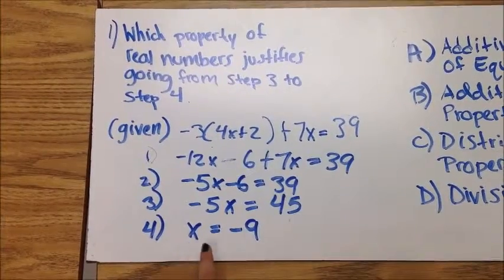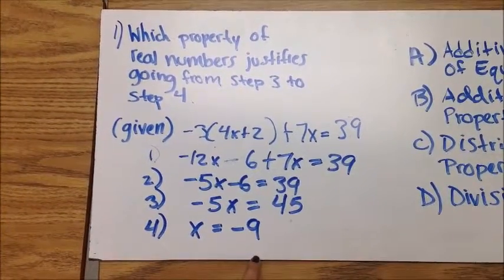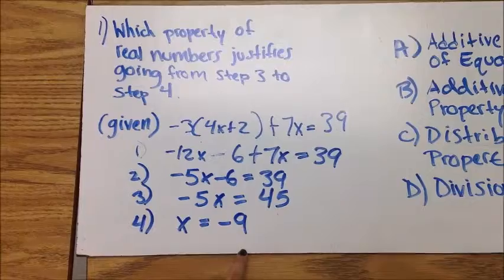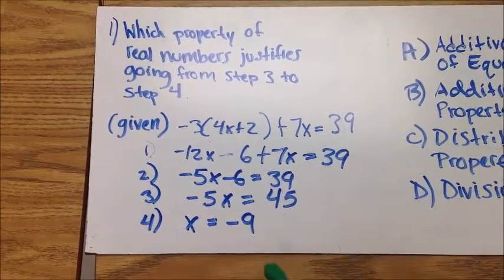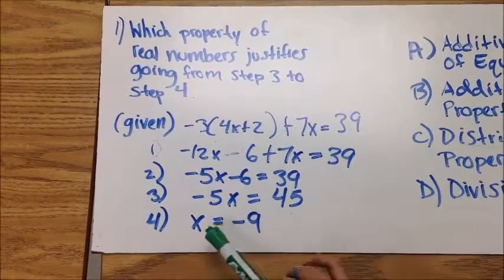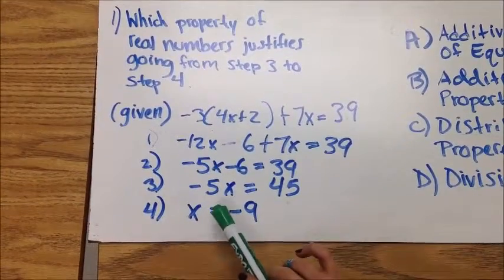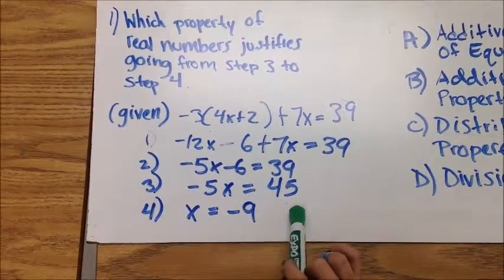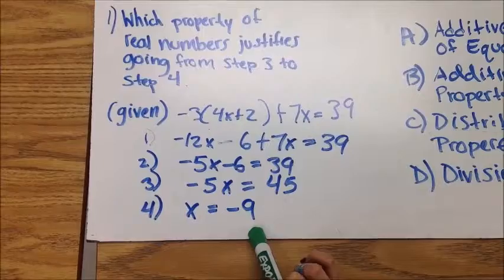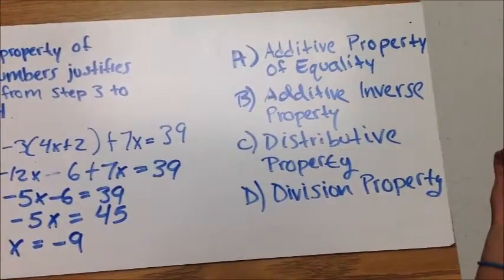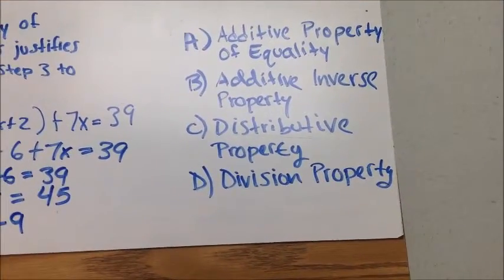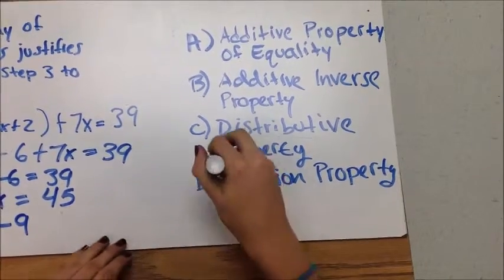And we need to know what kind of property it is. So basically you are solving for x, so you have to divide by negative 5 on both sides, and you get negative 9. So the answer to this question would be division property.